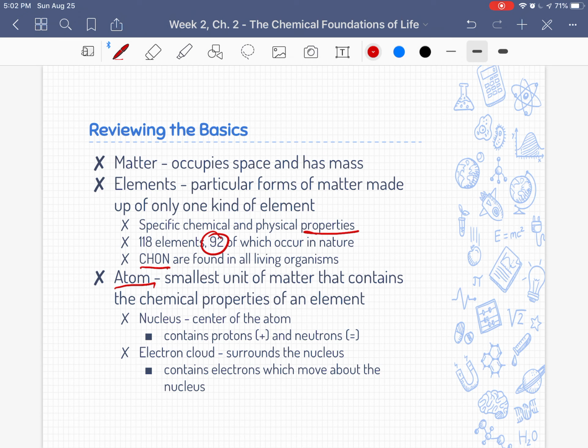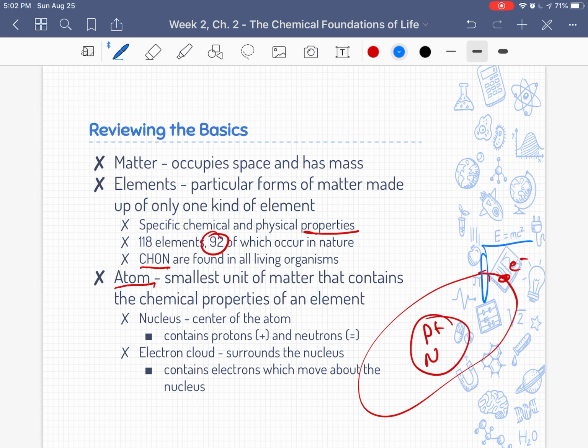So if you go smaller than an atom, your atom is made up of the nucleus, which is your protons and your neutrons in the center, and then surrounding that are electrons. If you go smaller than an atom and only focus on electrons, that no longer contains the property of an element.